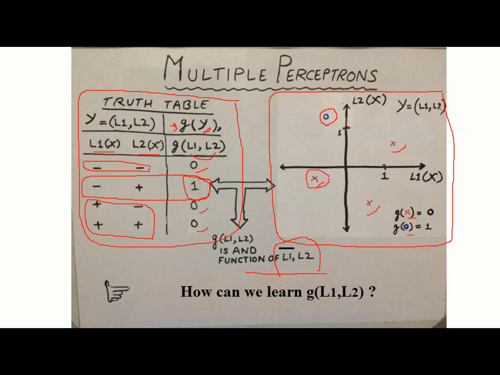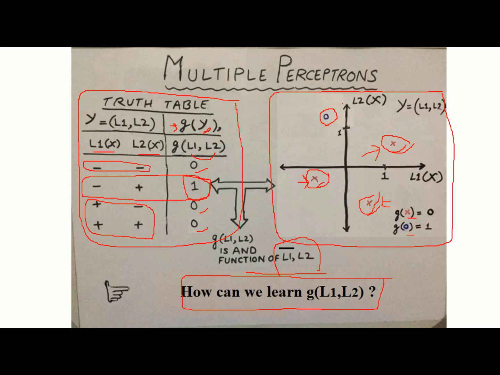Whereas the other three data points are such that, for instance, if you look at this data point, here both L1 and L2 are negative, and here L2 is negative, but L1 is positive, and here both are positive. So the quadrants are important in this case. So anyways, our goal here is to learn this function g of L1, L2.